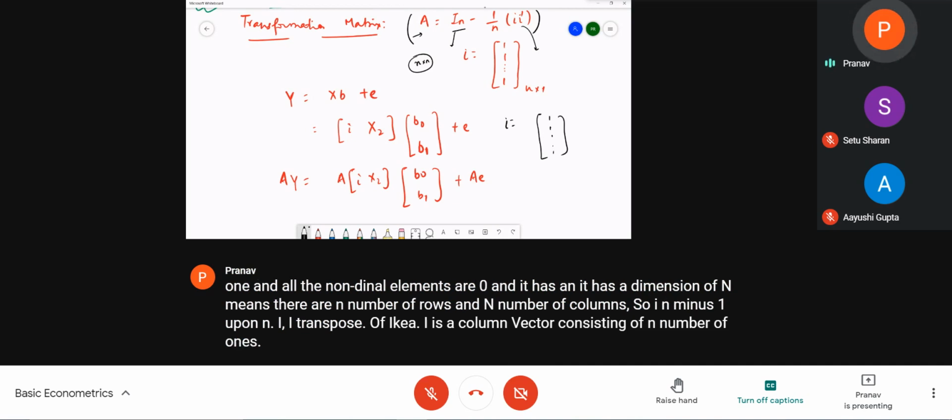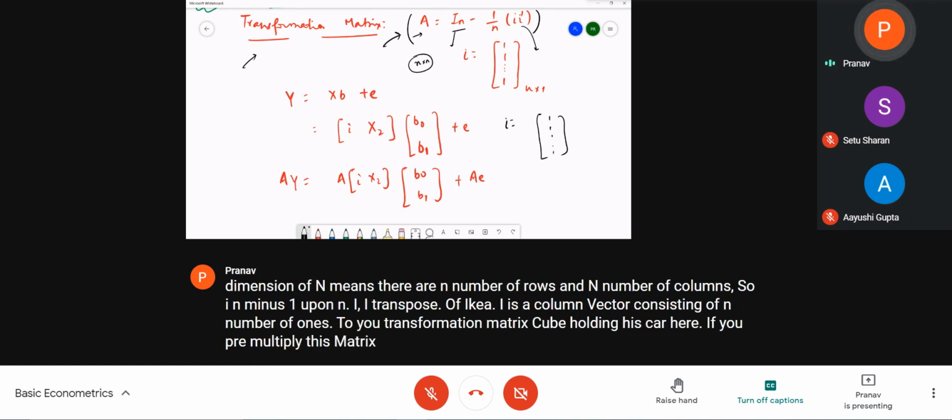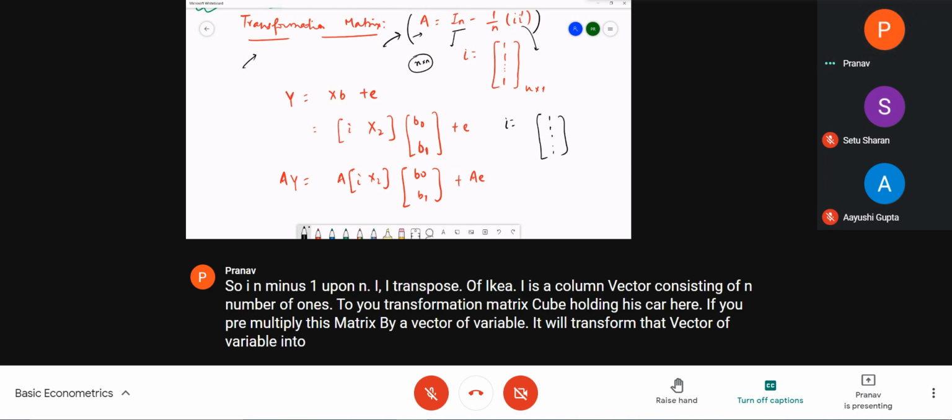Why is this called a transformation matrix? If you pre-multiply this matrix by a vector of a variable, it will transform that vector into deviation form.